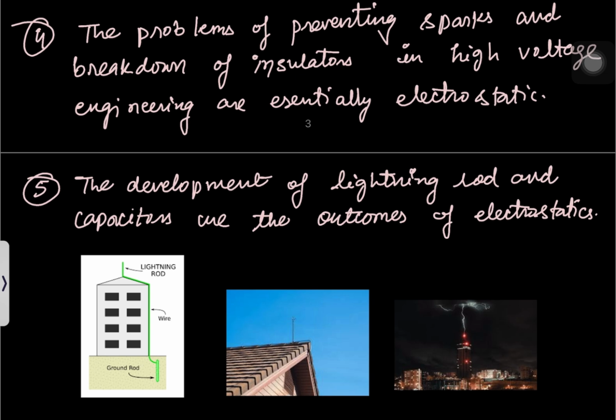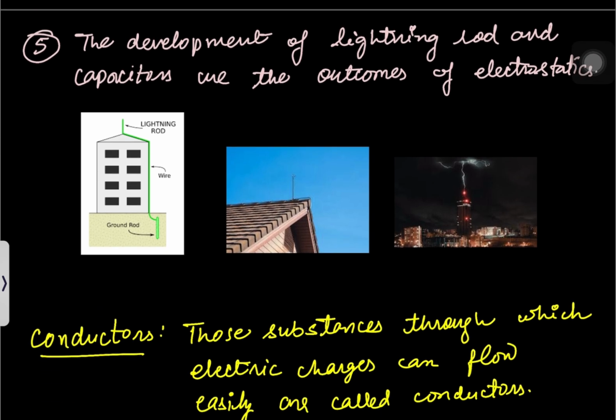Fifth point, development of lightning rod and capacitor are the outcomes of electrostatics. जब हमें electrostatics के बारे में समझ है तभी हम lightning rod को develop कर पाए हैं. Scientists and researchers were able to develop the devices lightning rod and capacitors which are the outcomes of electrostatics.